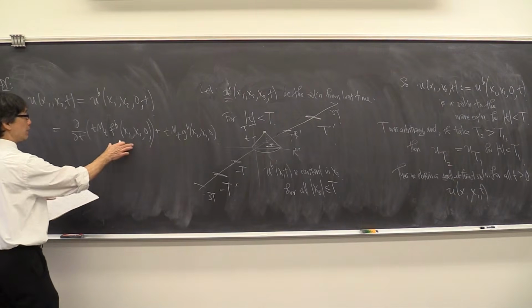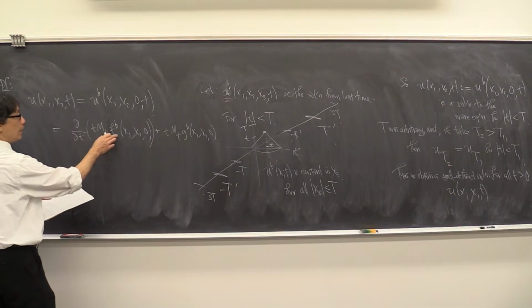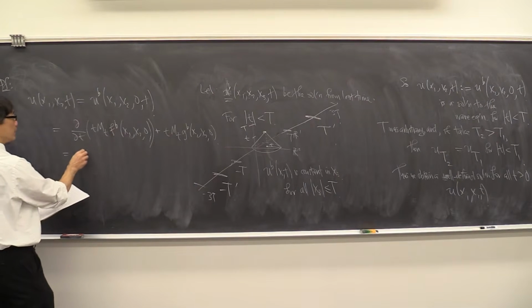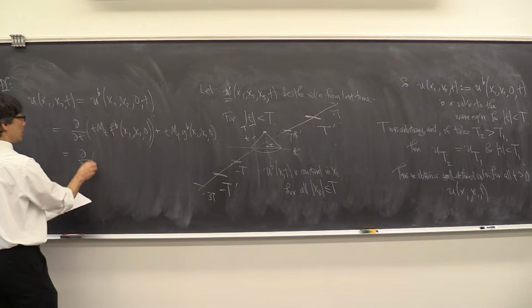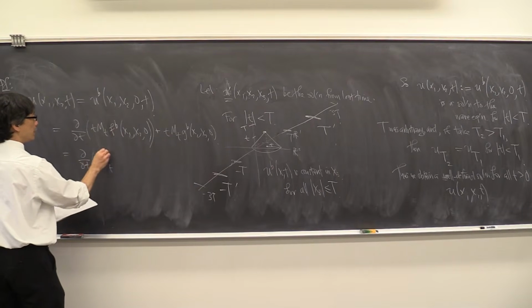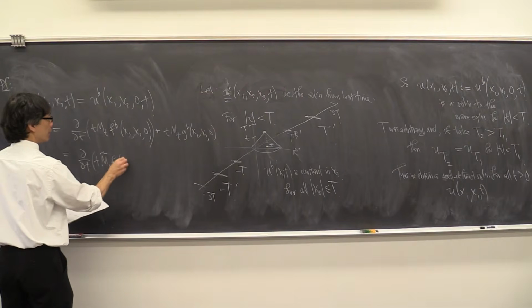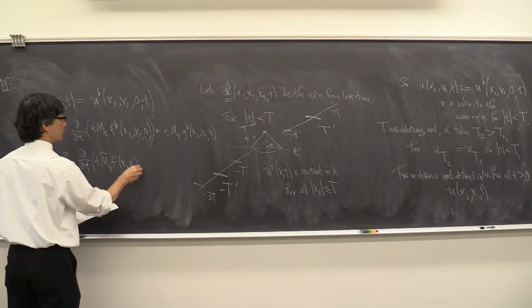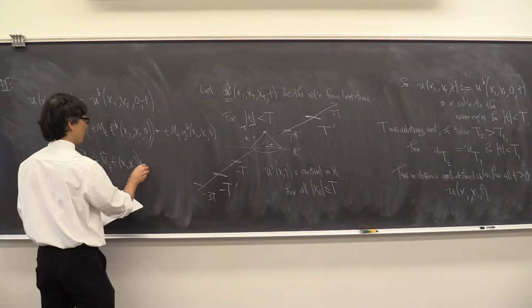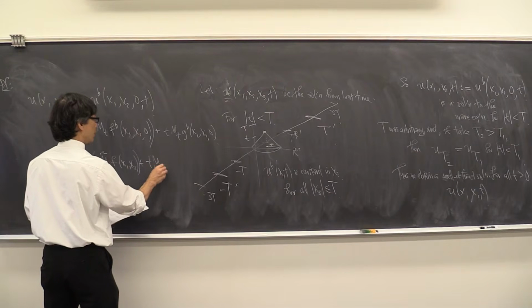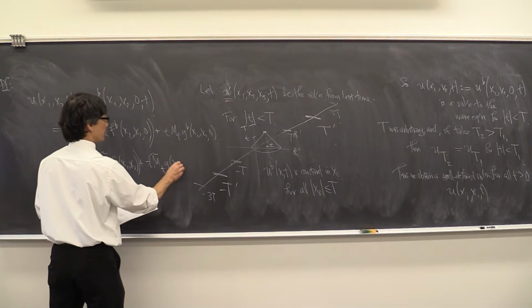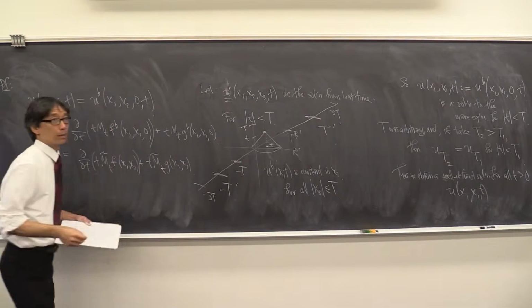And from the calculation we did at the beginning, this is the same thing as d/dt of t m twiddle t of f at x1, x2, plus t m twiddle t of g at x1, x2.